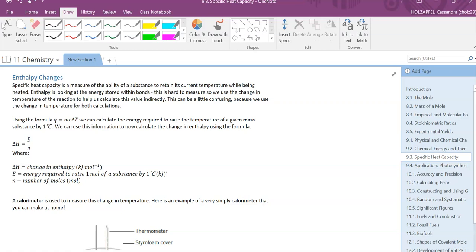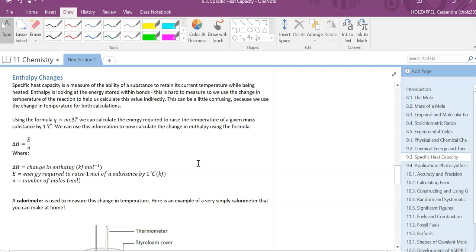But since both of them are related to this idea of the change in temperature, we can actually use both of these pieces of information to find the change in enthalpy of a reaction from the specific heat capacity. Okay, so to do that, we're just going to use this formula.